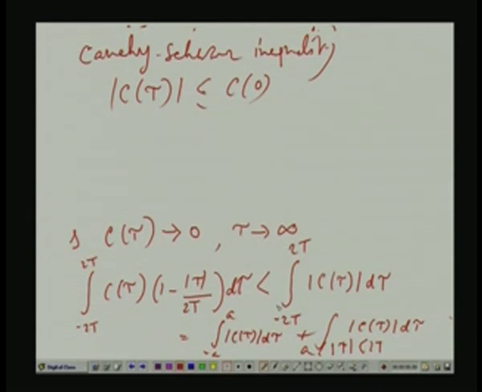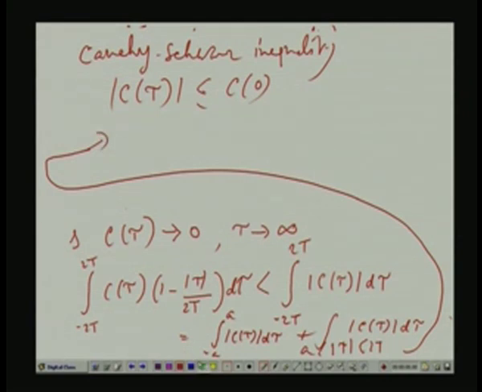From A to 2t and minus A to minus 2t, okay, that much area. Yeah, that is very simple.